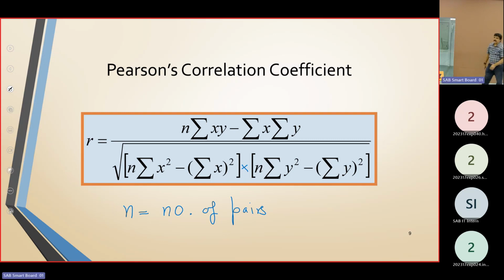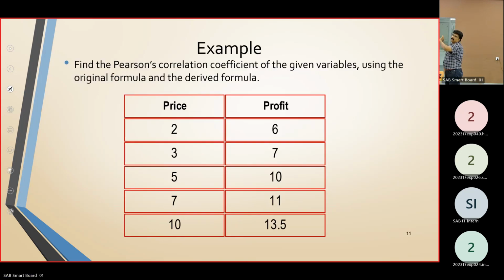Right. So now we'll take an example using the first as well as the second formula. First example: find the Pearson's correlation coefficient of the given variables using the original formula and the derived formula.